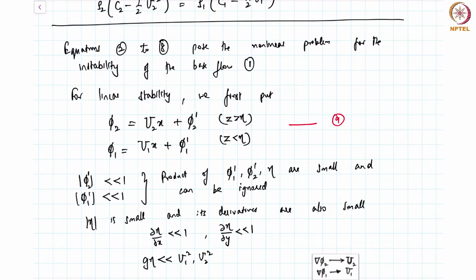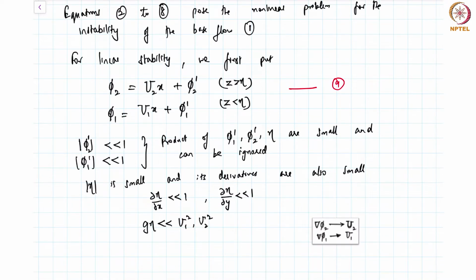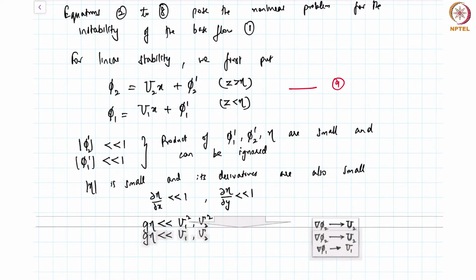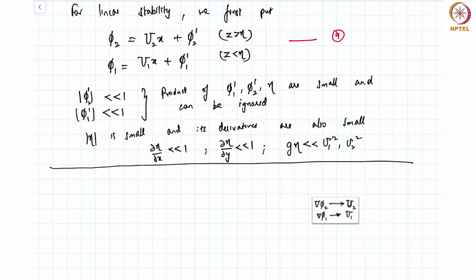Right? This is what we have. Let me write this last one again: g times eta is much smaller than u1 squared and u2 squared. So let's write down the linearized equations.